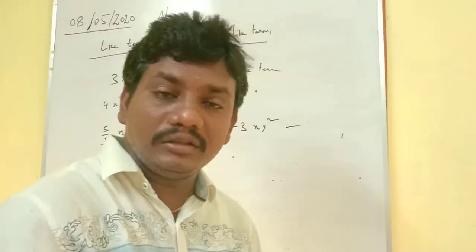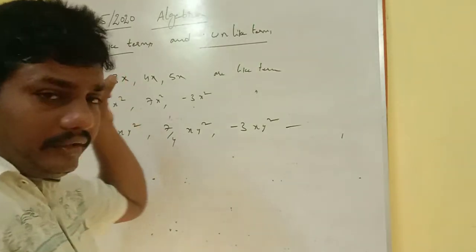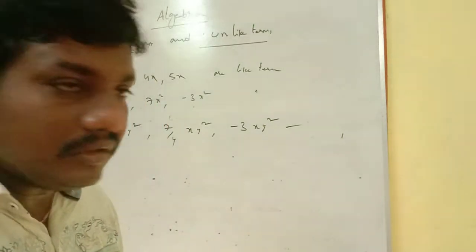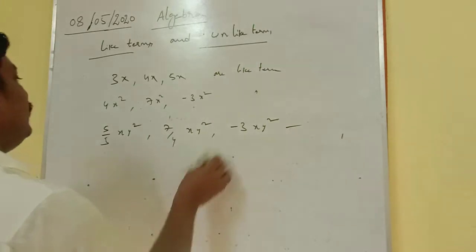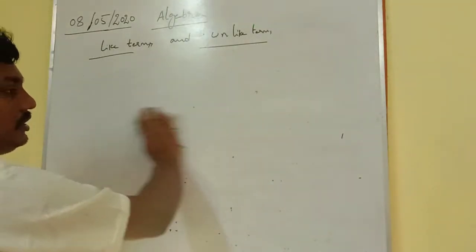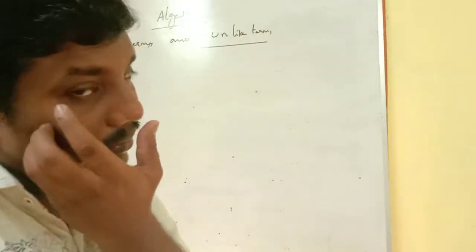Like terms in the sense, algebraic terms which have the same variables are called like terms. Unlike terms means algebraic terms which have different variables are called unlike terms.